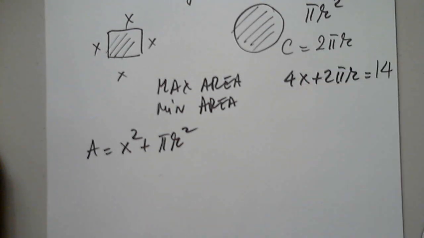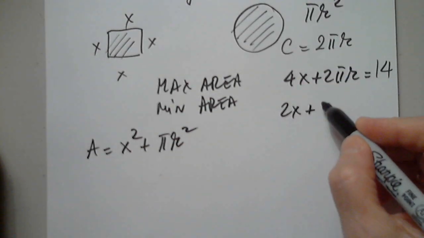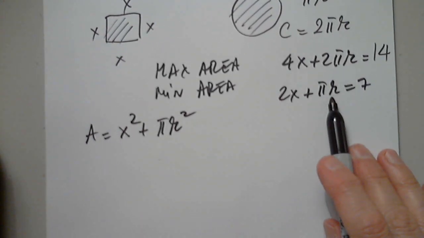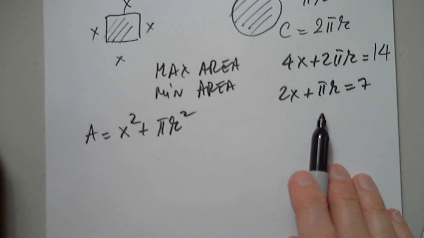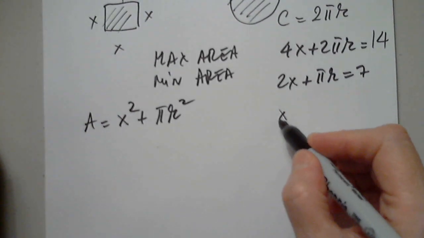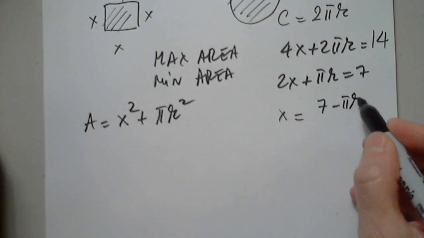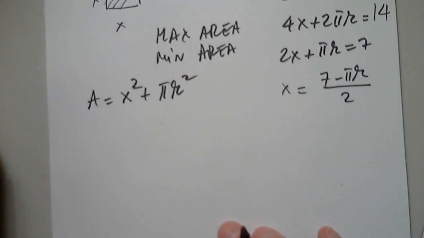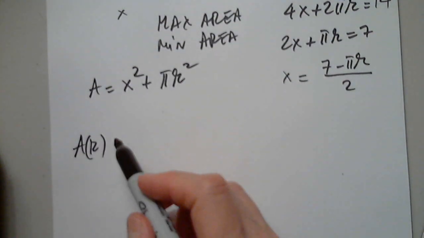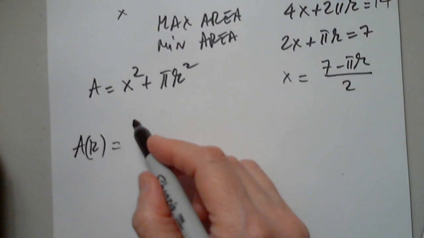So I'll divide both sides by 2. And then I'll solve for either x or r. I don't know which one is easier. Maybe x. So 7 minus pi r over 2. So this is a function of r. I have to replace this here.